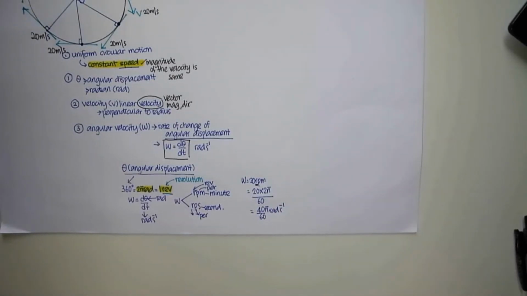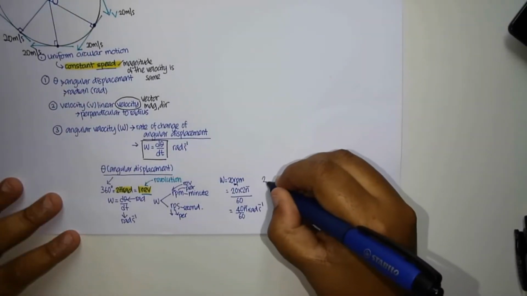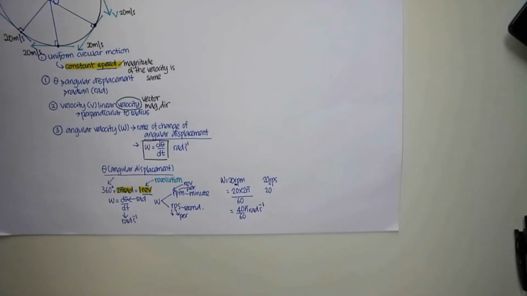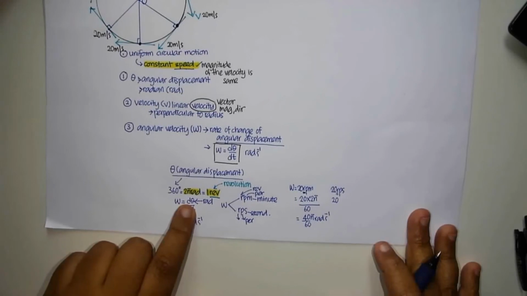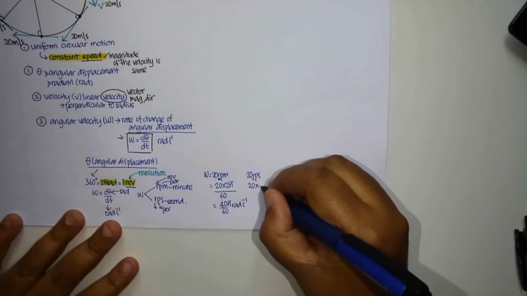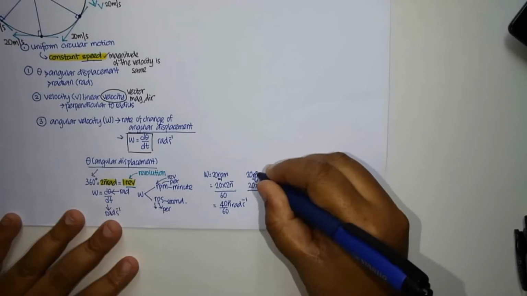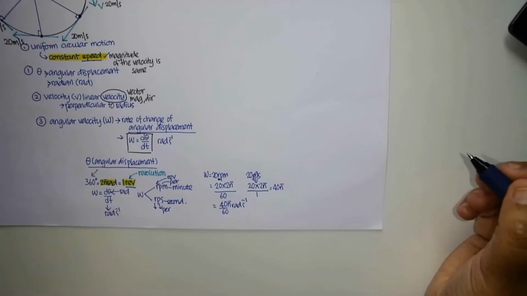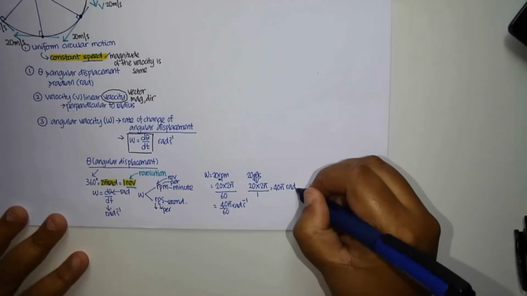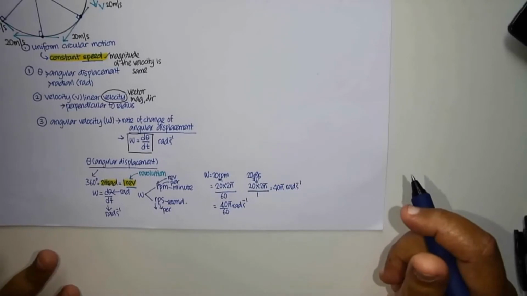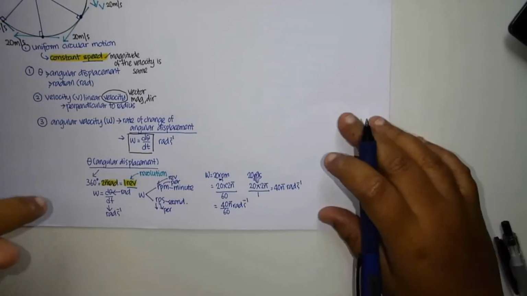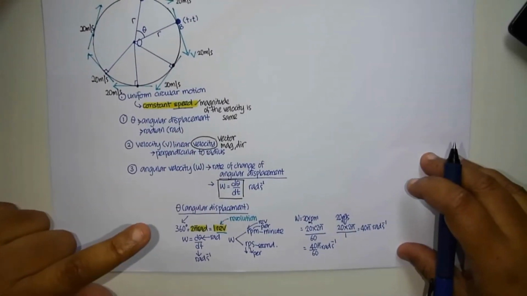If you have omega is 20 RPS, then 20 rev, 1 rev is 2 pi radian, so you multiply by 2 pi, per second is 1, so you get 40 pi. You have to convert it to radian per second when you use the formula, unless they want the answer in RPM or RPS. So that is about angular velocity.